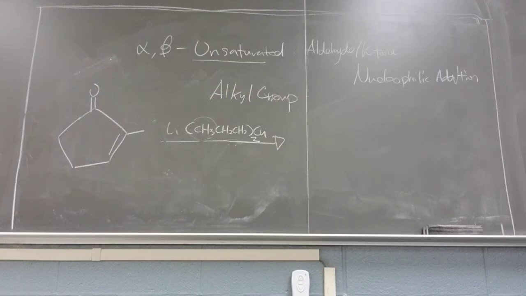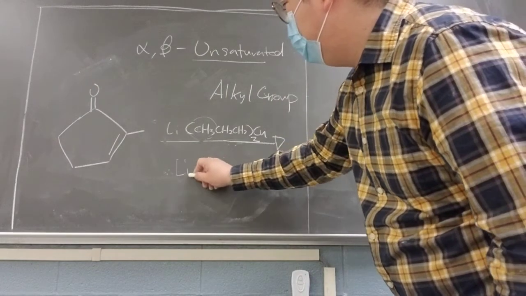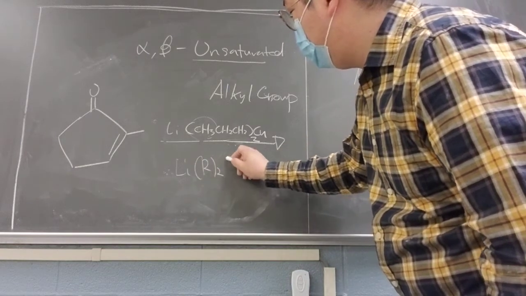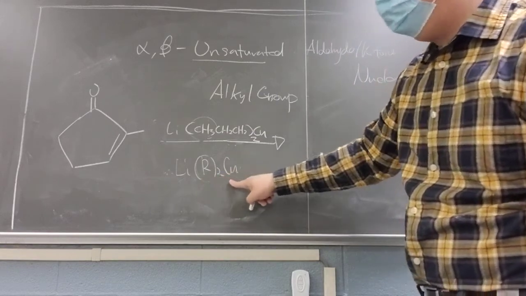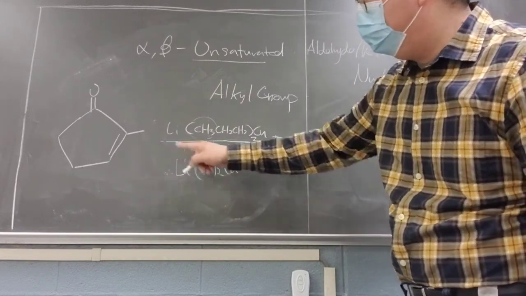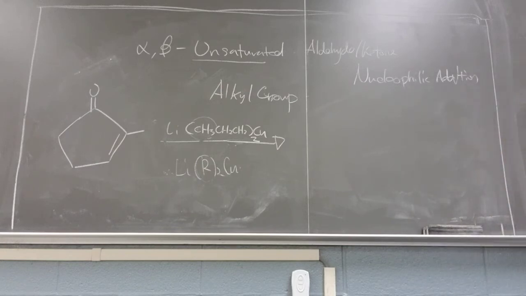Okay. So I would just remind you, this is R2Cu, and you just need to add only one. So we call this diorganocopper, but one R will be added to the compound. But in this situation, you're gonna put it on the beta carbon. That's the only change we're gonna make for this one.